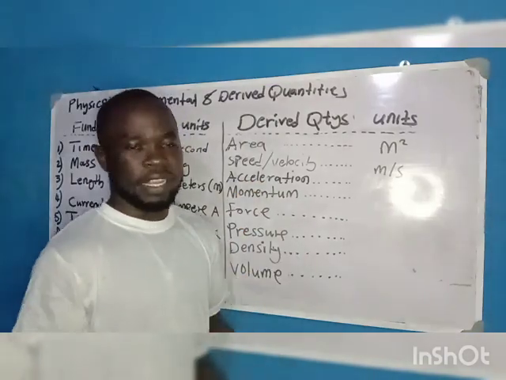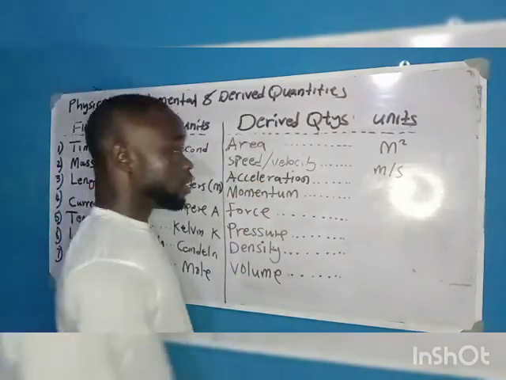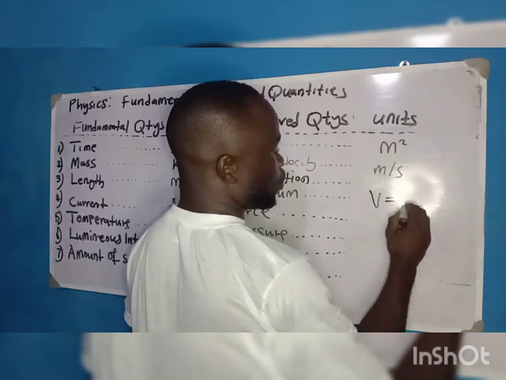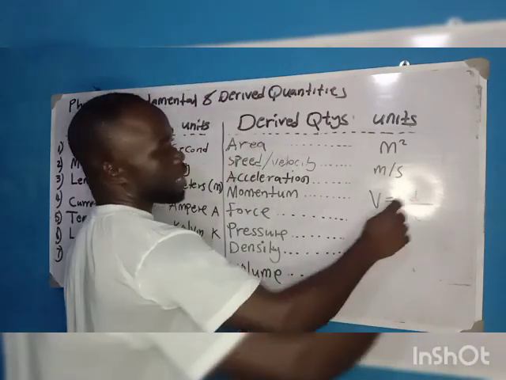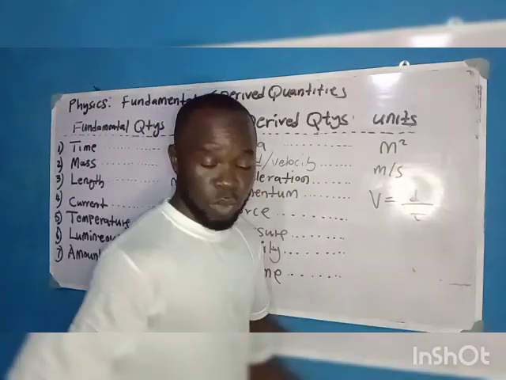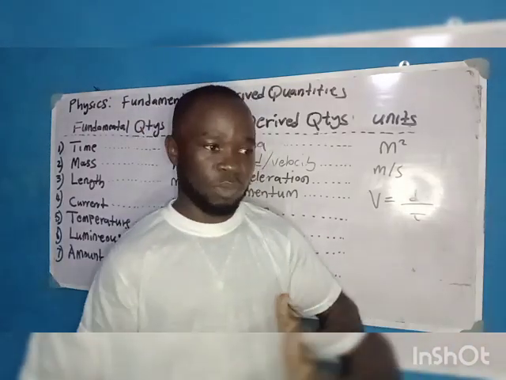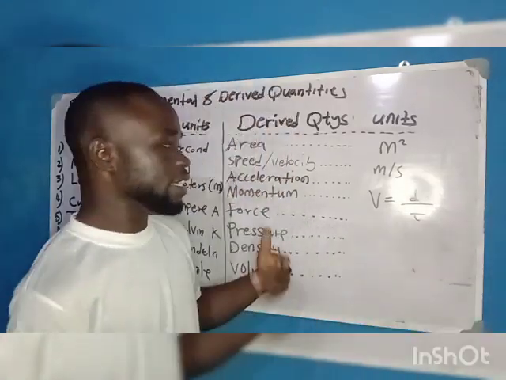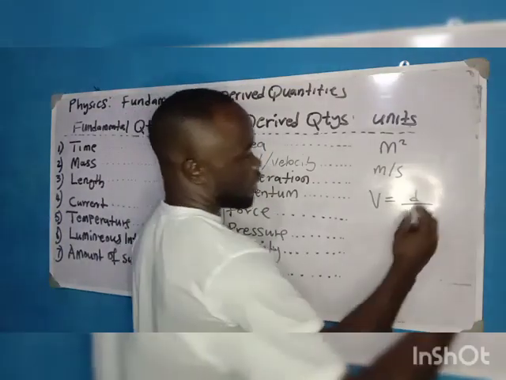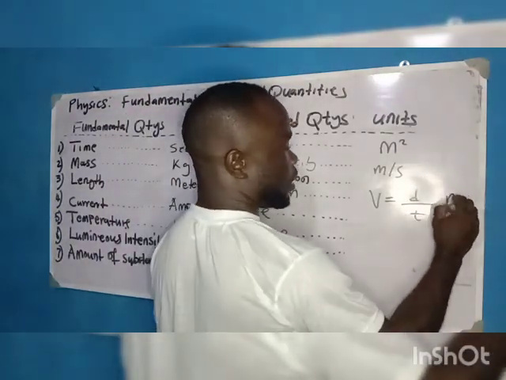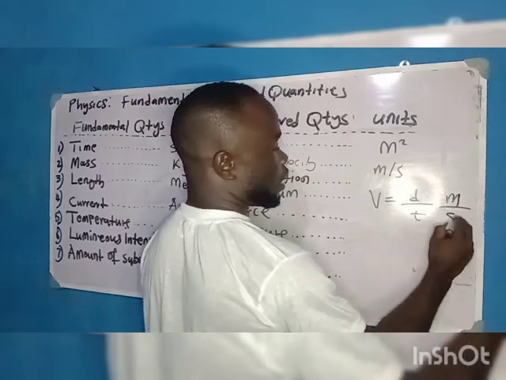Velocity is simply defined as displacement over time taken. That is, velocity is equal to displacement d over time. And displacement is calculated in what? Meters. When you displace a particular quantity, it moves a distance, and that distance is in meters, right? And time is in seconds.